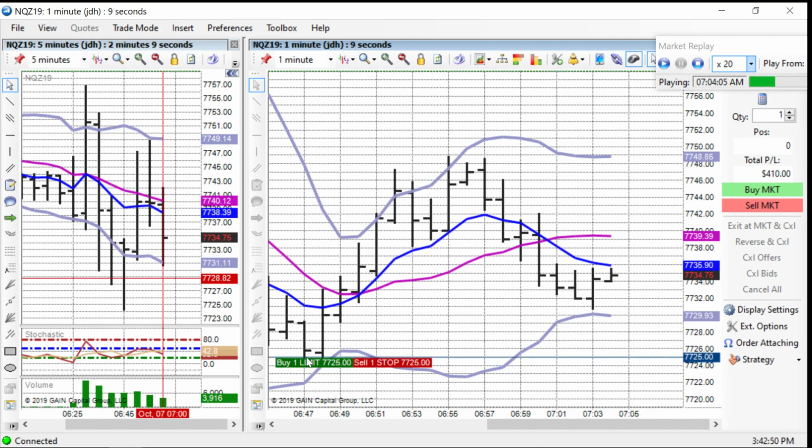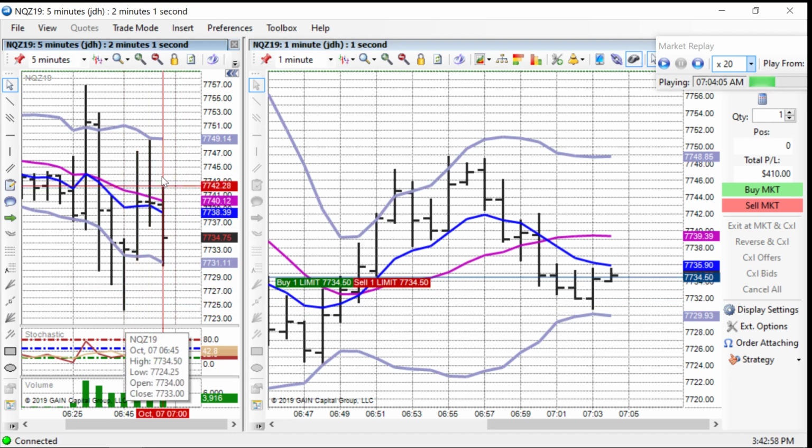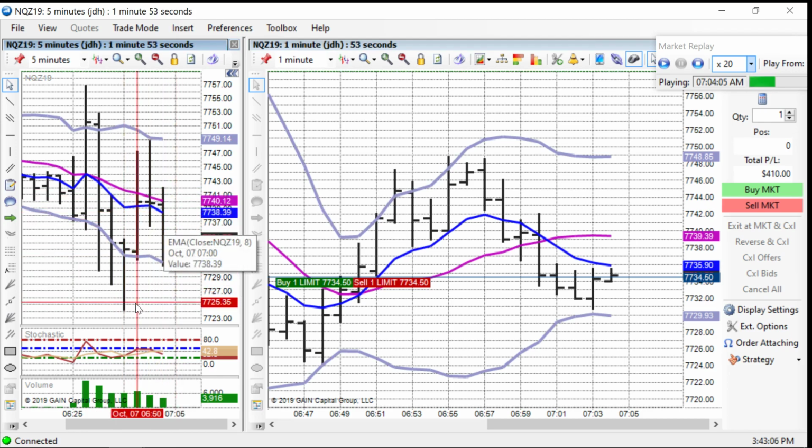So this would be the 1, 2, 3 on the intermediate swing, which looks like the minor level swing on the 5-minute chart. That's why I use a 5-minute chart, so I can see the intermediate swings at a glance. So that looks like a 1, 2, 3 bottom formation.